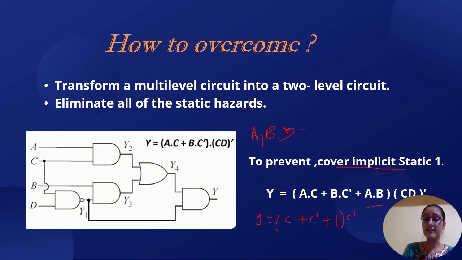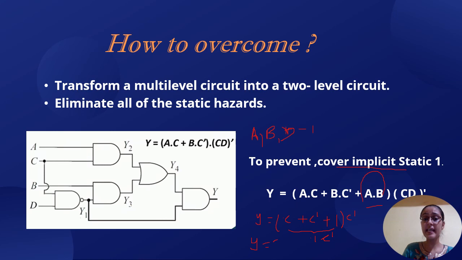So we can see here we were observing a static 1 hazard in the previous slide, but because we have added this A dot B, we can overcome the static 1 hazard. So this final expression will be reduced to 1 into C bar, right? Because 1 plus anything will get the same 1. So the final output Y will only be C bar.